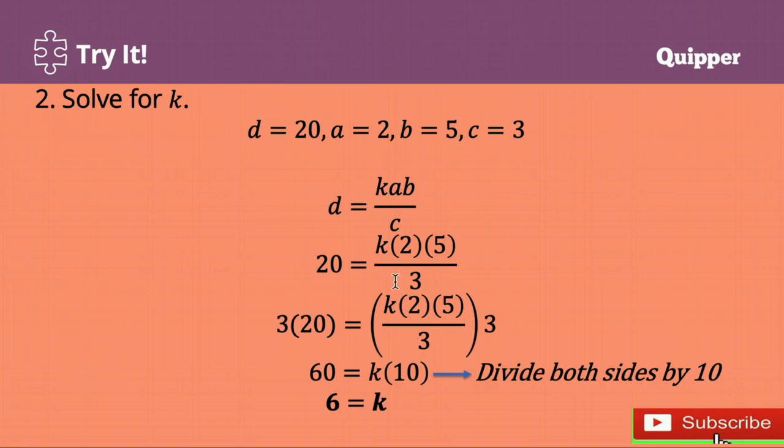So we are now going to multiply both sides by 3. 3 divided by 3 is just 1, and 1 times k times 10 is 10k. Then 3 times 20 is 60. And then divide both sides by 10. So we have k is equal to 6. And that's the constant of the combined variation.